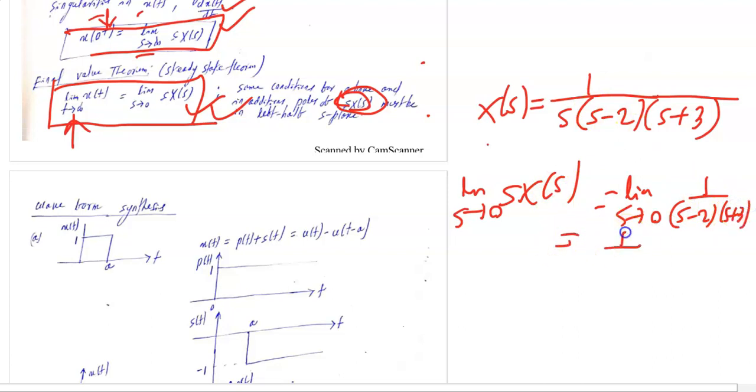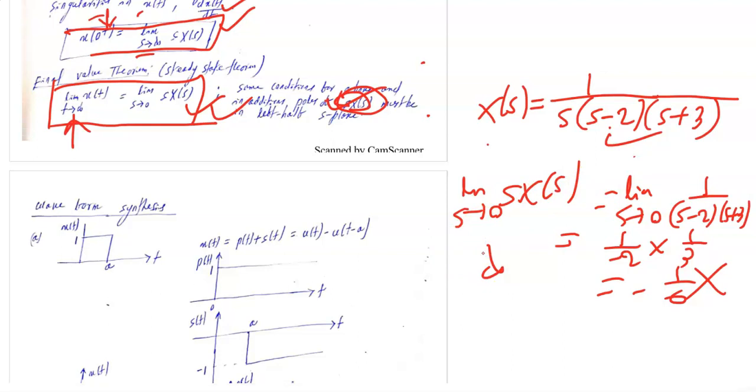Then you will say 1 upon minus 2 into 1 upon 3, so minus 1 upon 6. But it is not correct. Why? Because this is not satisfying the condition, as there is a pole in the right half of the s plane. So in fact the final value will be infinity.